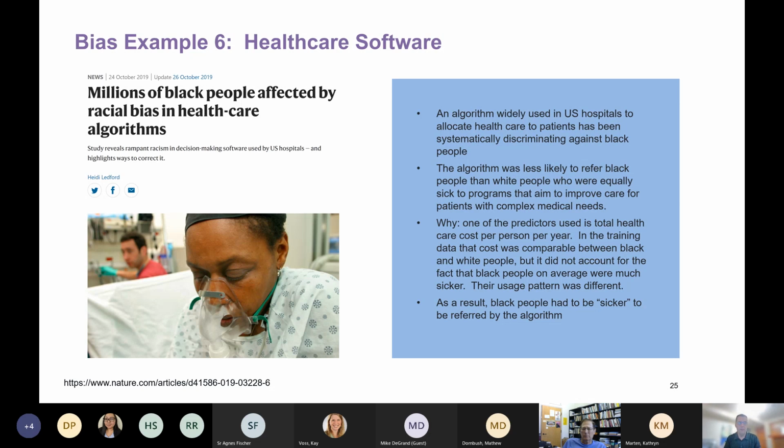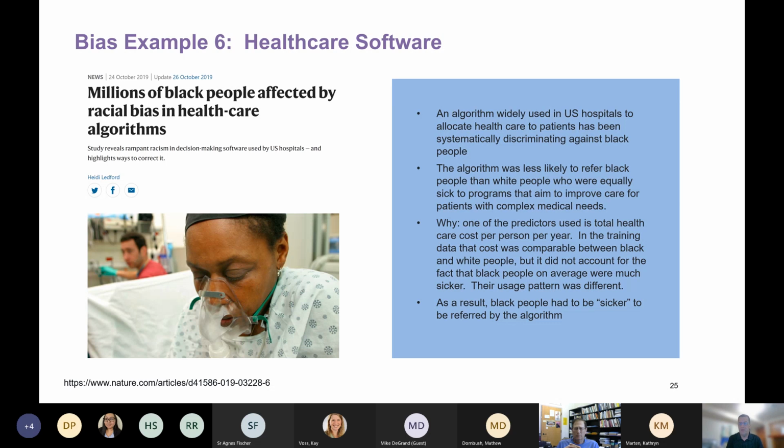And how did this come about? So again, through surveys, the researchers identified what are different characteristics that people have. And one of the criteria was, how much money do you spend on healthcare every year? And it turned out Black people and white people spend about the same amount of money. So it was not viewed as an issue to use that variable.